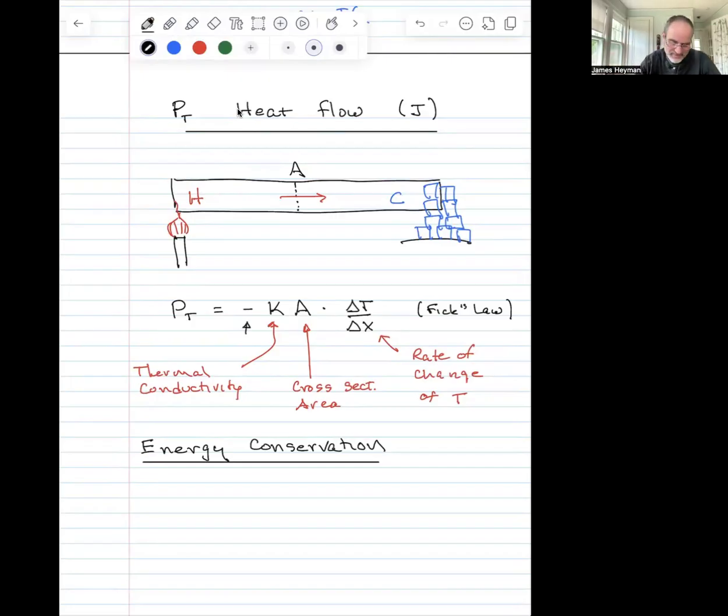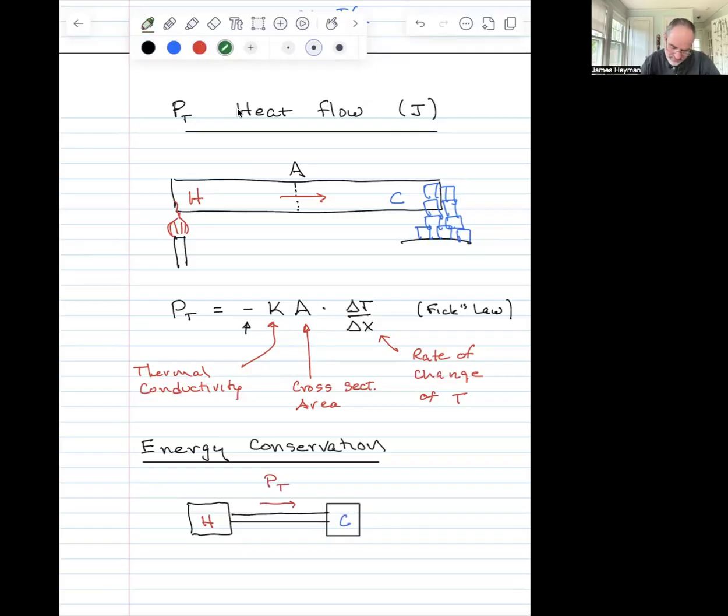Okay? Let me make a drawing for this too. So now imagine two objects that are connected, say, by a little bridge, piece of material. And let's suppose, like the previous case, one of these is hot and the other one is cold. Then, from what we just learned before, heat will flow from the hot object to the cold object.